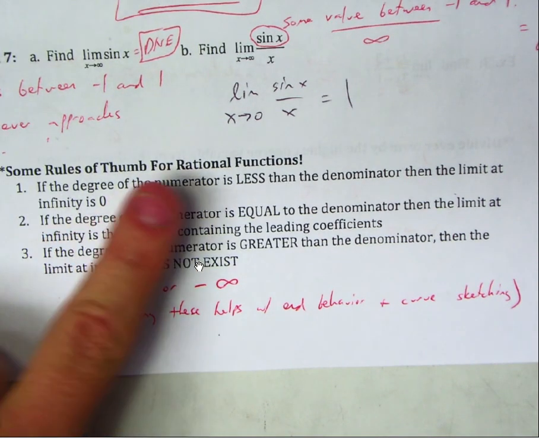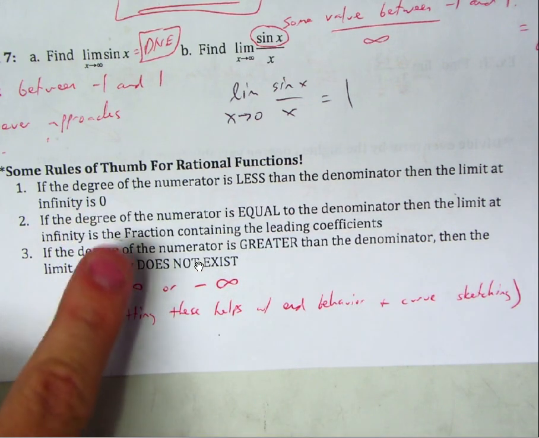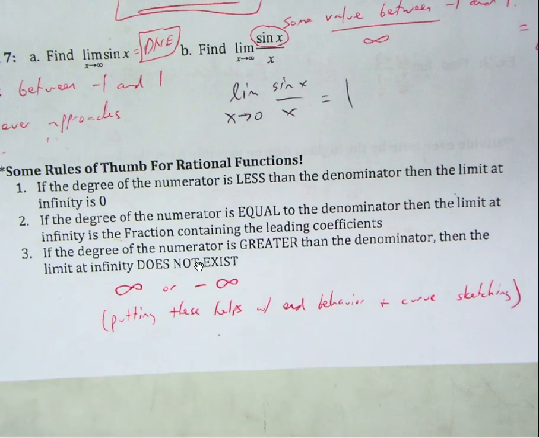If the degree of the numerator is less than the denominator, the limit is 0. If the degree of the numerator is equal to the denominator, then it's the leading coefficient fraction. And if the degree of the numerator is bigger, then the limit doesn't exist. I would think about, is it approaching positive or negative infinity, because that's probably the answer they're going to want. But you'll never have to decide.